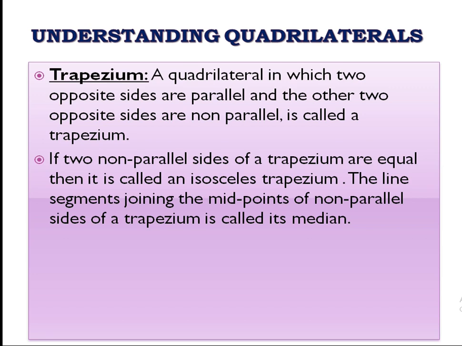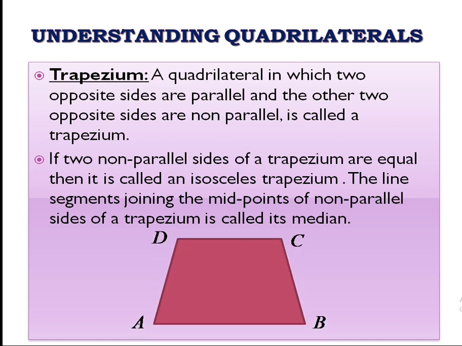The line segment joining the midpoints of the non-parallel sides of a trapezium is called its median. Okay student. Let's see the figure. Here it is. ABCD is a trapezium, and AB and CD are the two parallel sides of this trapezium, and AD and BC are the two non-parallel sides of this trapezium. Okay student, right?